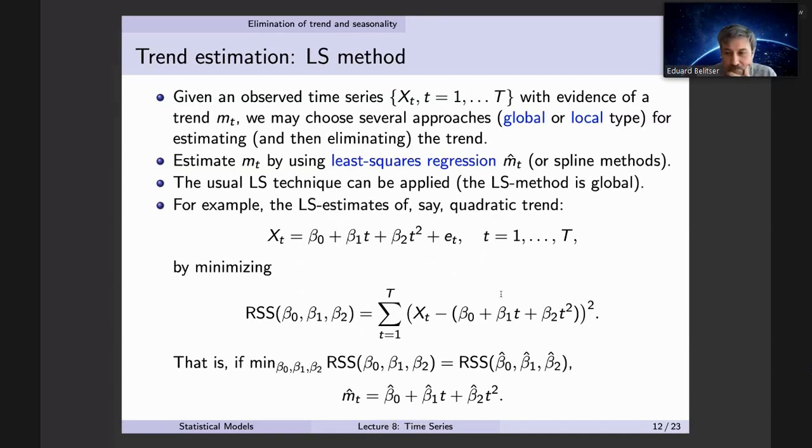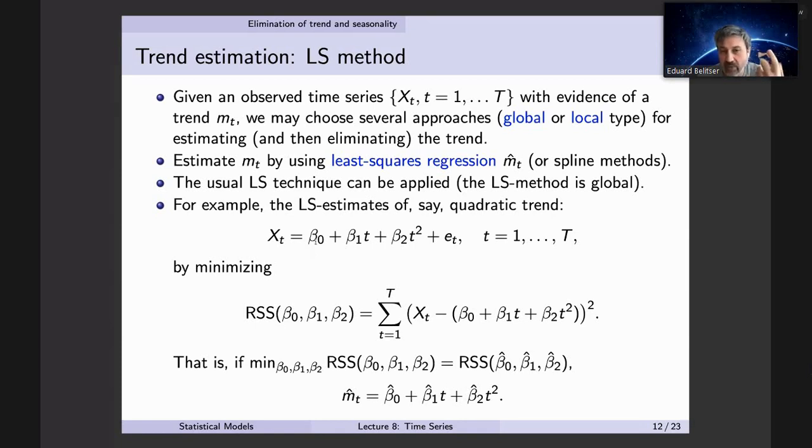All right, let's go on and see trend estimation. How can we estimate the trend? There are two types of approaches, global and local, which is a relative division. Don't pay too much attention to it, but people think that way. For instance, we would like to use a technique we already know, linear regression. We assume that there is a trend m_t, and we can model it as some parametric function. Think, for instance, of a quadratic polynomial.